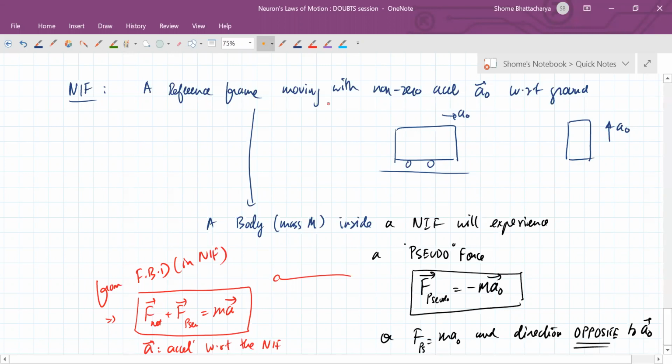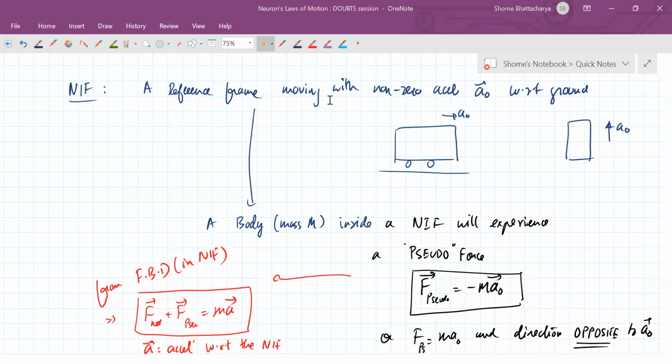So Archit, is the definition clear of pseudo force and non-inertial frame? Okay, I'll explain again.